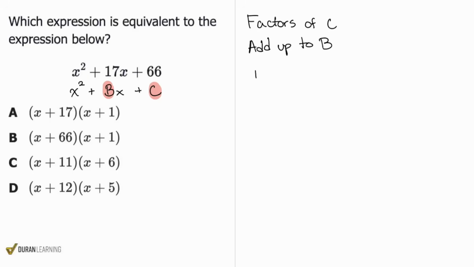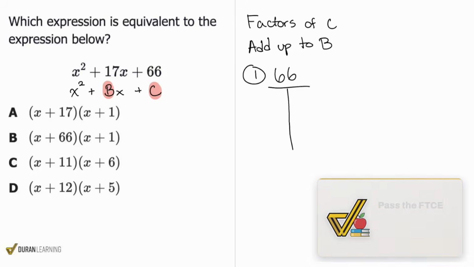So step 1, we're going to find the factors of 66. C is 66. So right here, we'll lay this out in a little table. The first pair that you typically want to just cross out is 1 and that number itself. So if we're trying to find the factors of 66, 1 times 66.